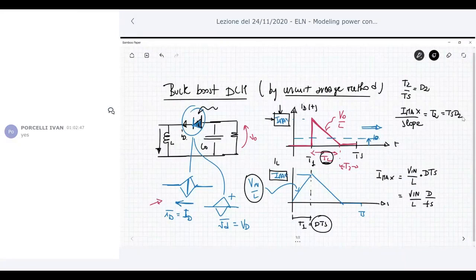Okay, so Imax is something that I already know. The slope here is Vo over L. Vo is negative, so let me put here the absolute value. Okay, so let me change the page.